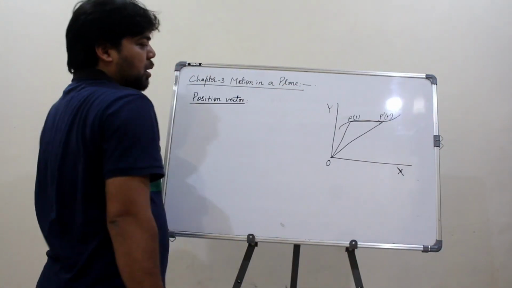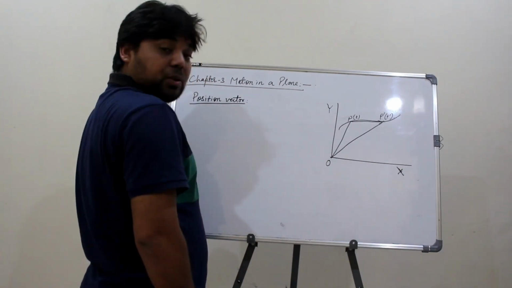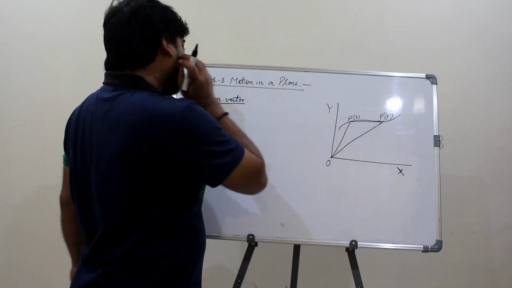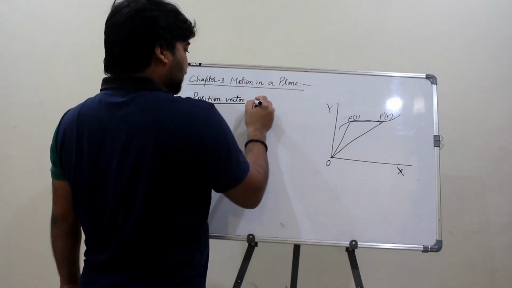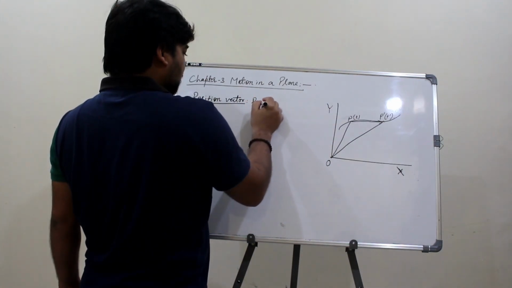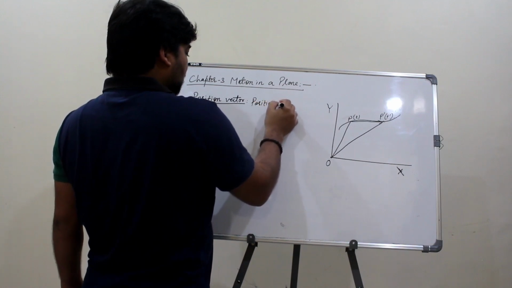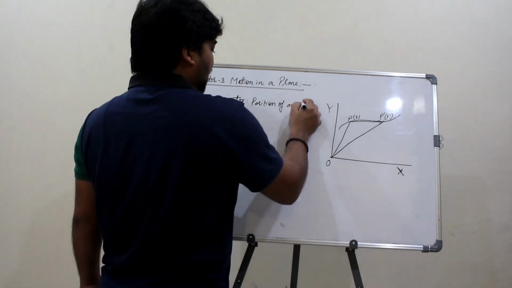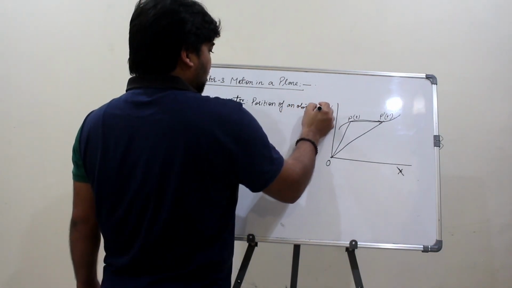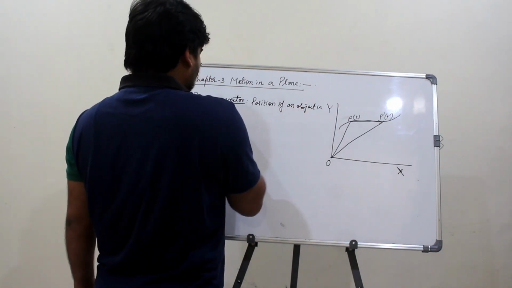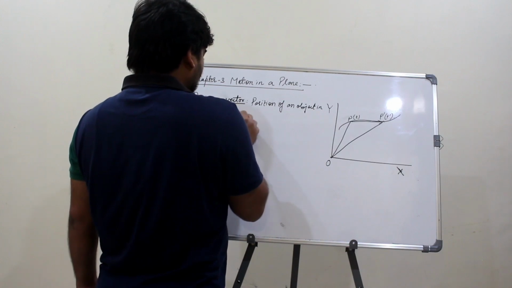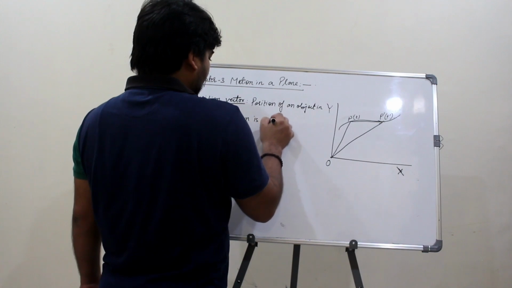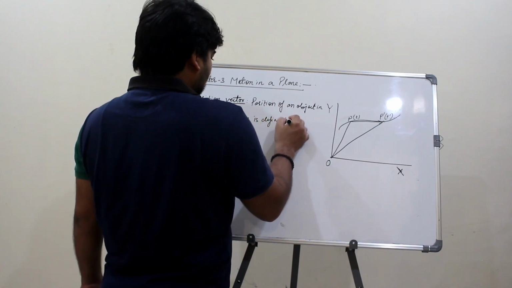Now if you look carefully, what is the position? Position of an object in motion is defined by a position vector, right?